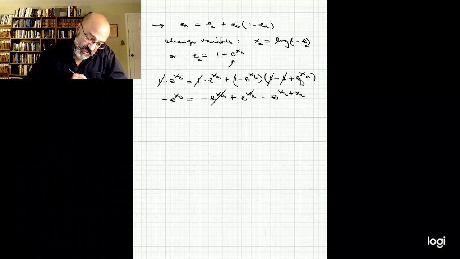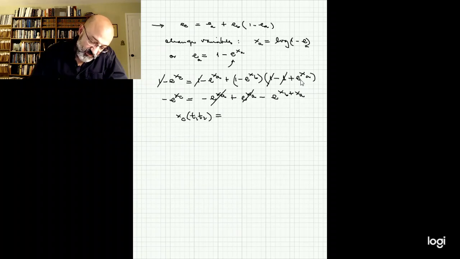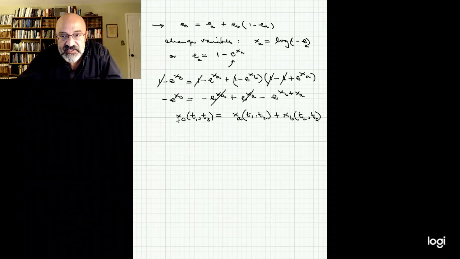Those two cancel out, and what we conclude is that XC, which is a function of T1 and T3, I'm so sorry, this is important, is a sum of XA, which is a function of T1 and T2, plus XB, which is a function of T2 and T3. Very good. So this is the equation we have to solve.